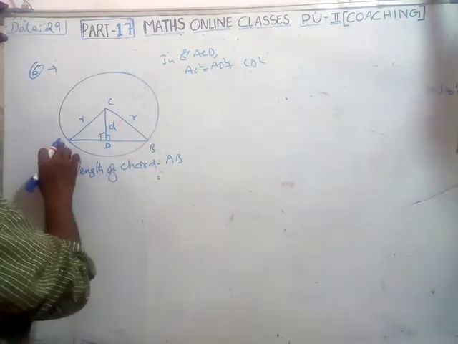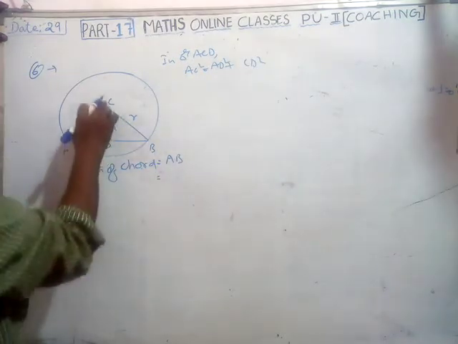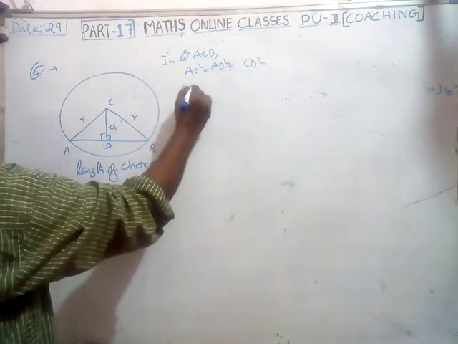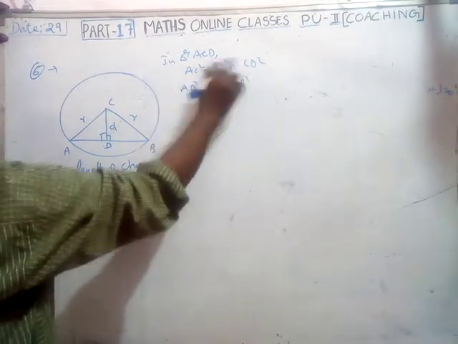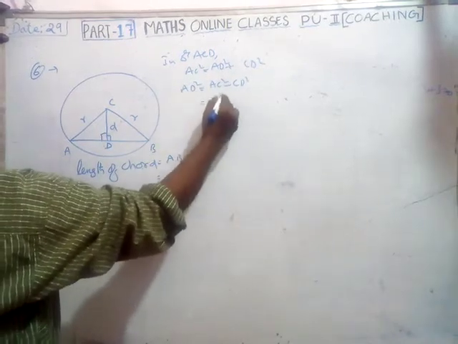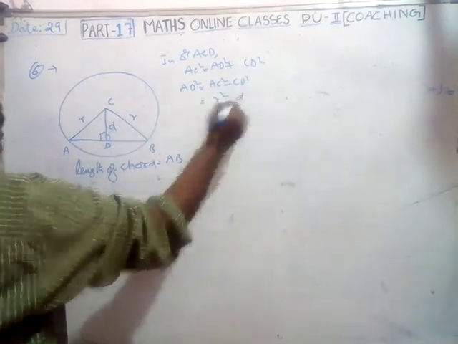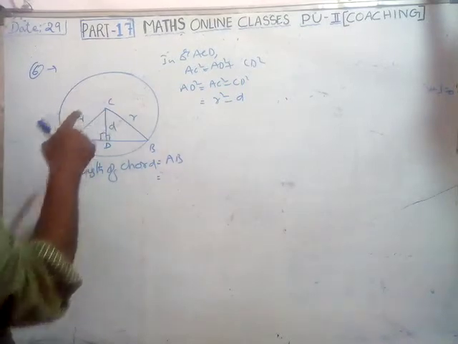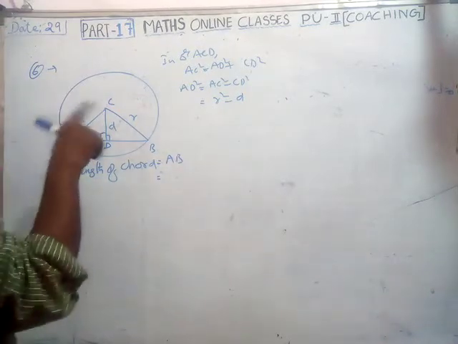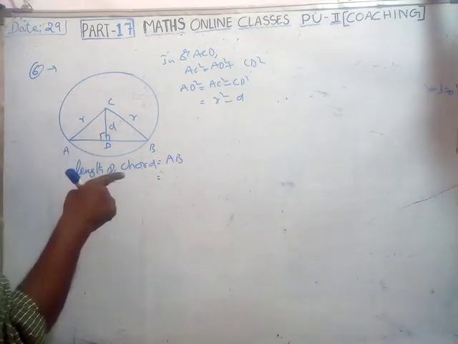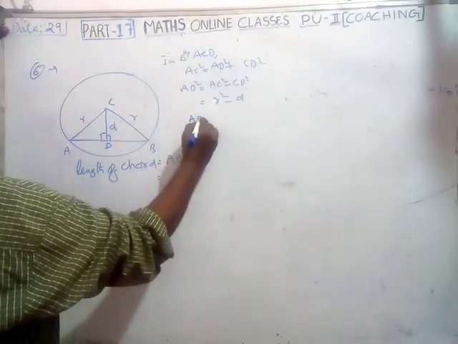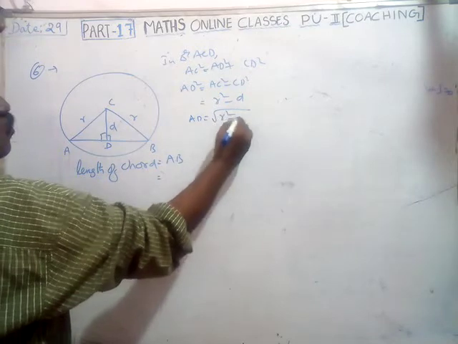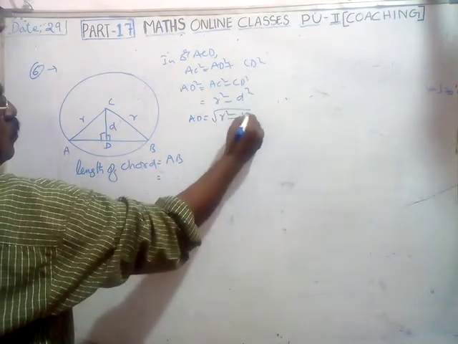AC square is the hypotenuse. But we need AD square. It is AC square minus CD square. AC square is R square, and CD is nothing but D, the perpendicular distance from the center. We can find the center of the circle if the circle equation is given, and this is a line.